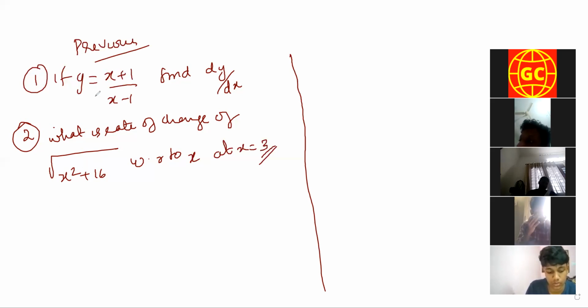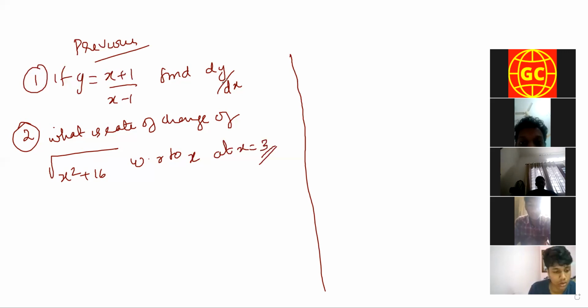So which rule will you apply here? This is not an implicit function question, no? So a normal question only. Quotient rule.